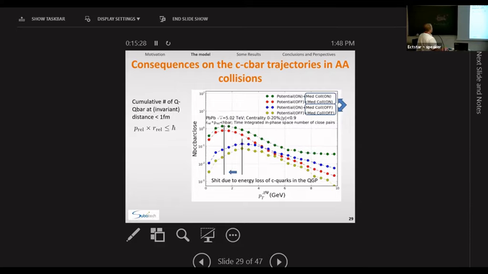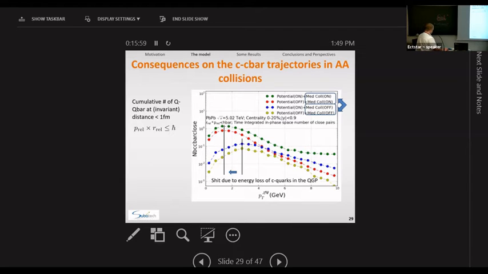Now you can also look at the consequences for the c c bar trajectories. For instance, if you turn on the interaction with the medium, and you compare this set of two curves with this other set of two curves, what you can see is that the effect of the medium is simply to give you some energy loss, and the distribution of those pairs that are close together in total PT gets shifted from 3 to basically 1.5 GeV.